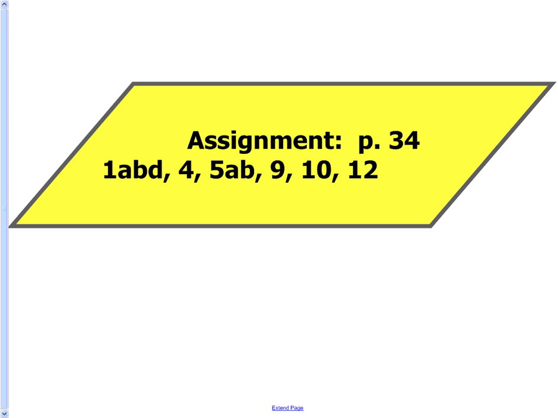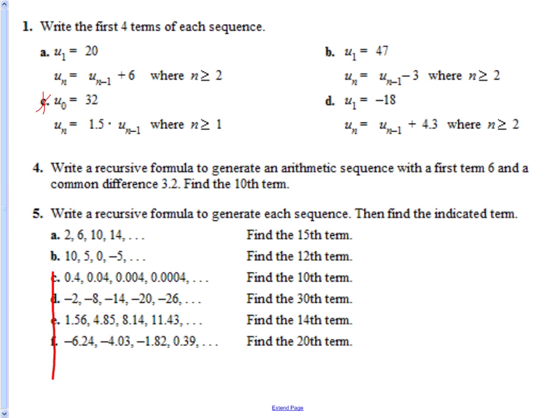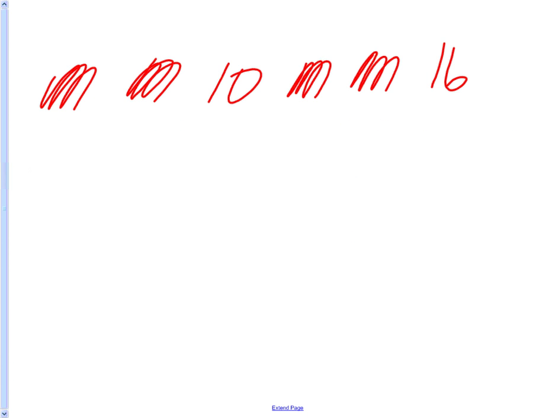Now, there's a couple other little twists to it. And one thing on the worksheet, we're going to skip the ones that I have crossed off in red here. There's not many to skip, but they're just kind of redundant. And there's one question that looks like this. A bunch of stuff is unreadable, except the third term is 10, and the sixth term is 16. Can you reproduce what was there before?